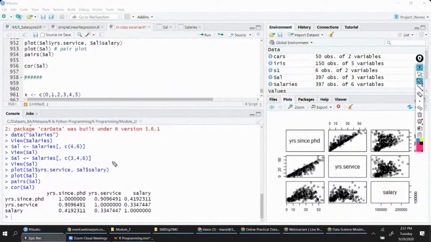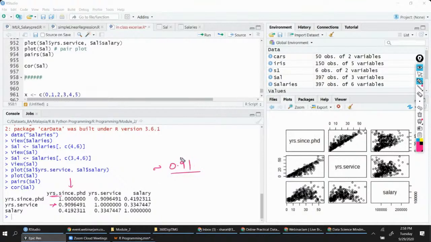Next, if you want to look at this correlation, the correlation is between years since PhD and years of service. You can take either the row or the column. If I read column wise, the relation between years since PhD and years of service is approximately 0.91.